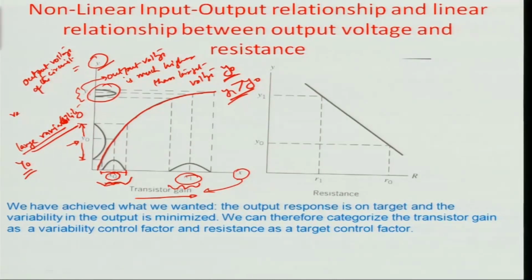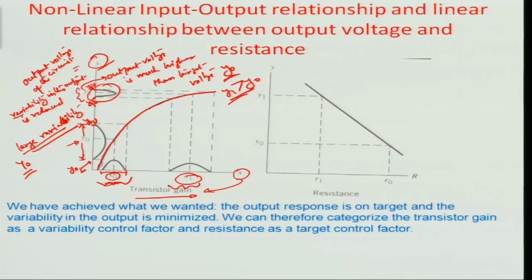So the variability in the output is reduced. The variability at Y0 starts from the Y0 lower limit to the Y0 upper limit, which is this and this limit, whereas in this case it is the Y1 upper limit and the Y1 lower limit, which is this and this limit.